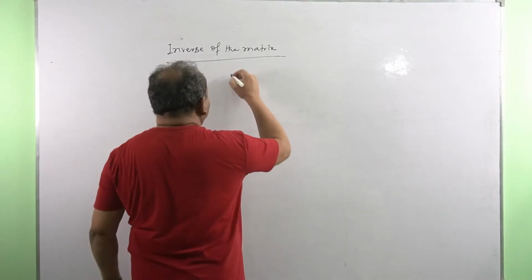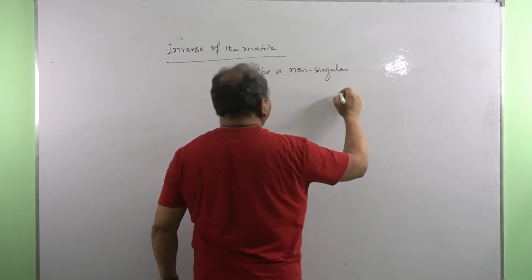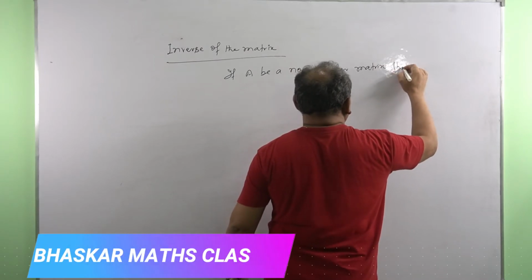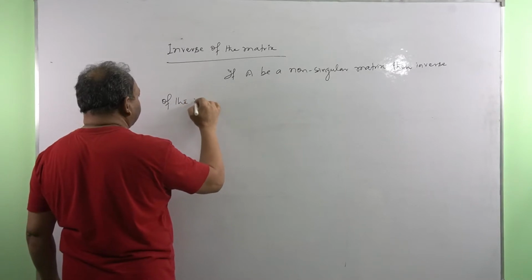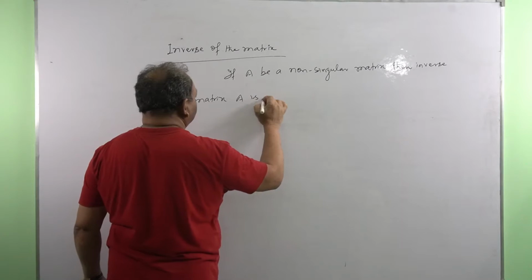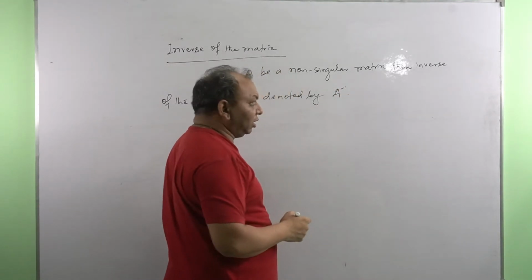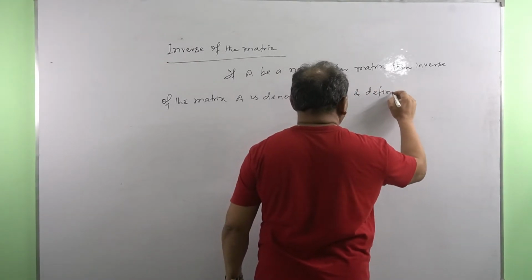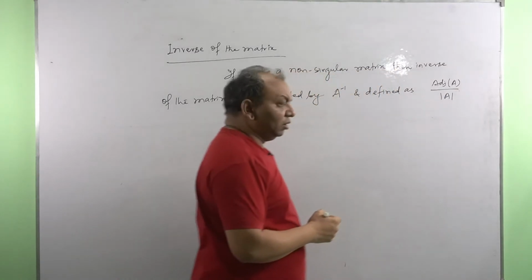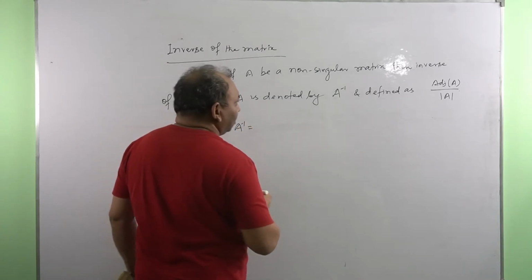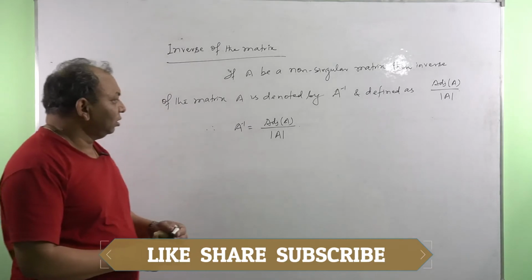If A is a square, non-singular matrix, then the inverse of the matrix A is denoted by A to the power minus 1 and defined as the adjoint of matrix A divided by the determinant of matrix A. Therefore, A inverse will be written as adjoint of A by determinant of A. This is the formula for the inverse of a matrix.